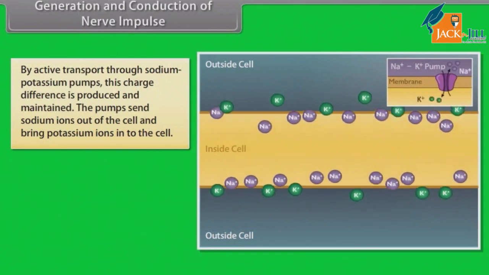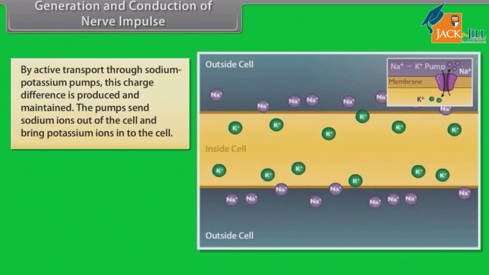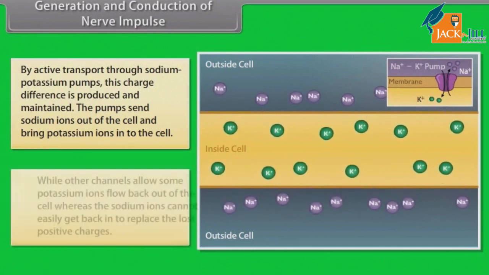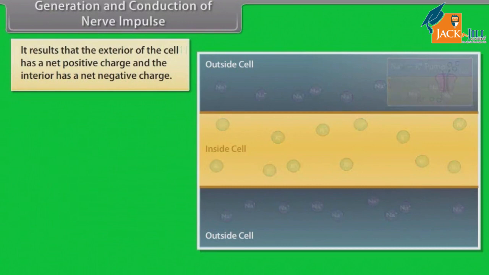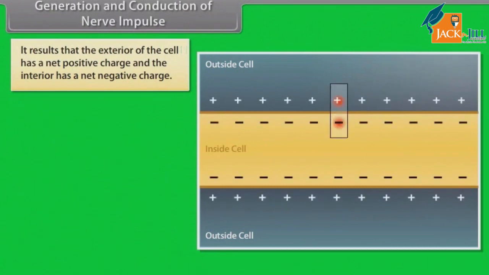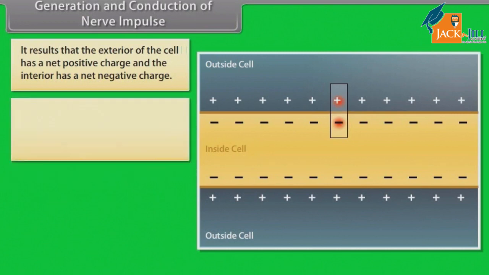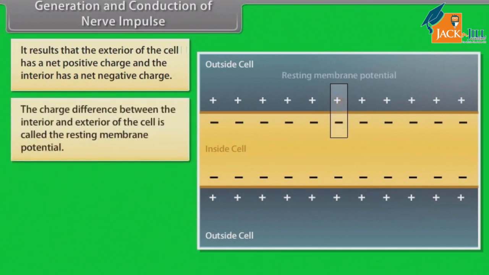The pumps send sodium ions out of the cell and bring potassium ions into the cell, while other channels allow some potassium ions to flow back out of the cell, whereas the sodium ions cannot easily get back in to replace the lost positive charges. It results that the exterior of the cell has a net positive charge and the interior has a net negative charge. The charge difference between the interior and exterior of the cell is called the resting membrane potential.